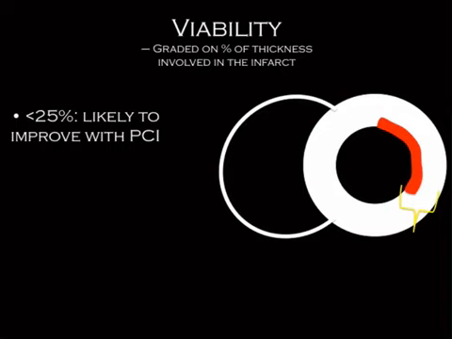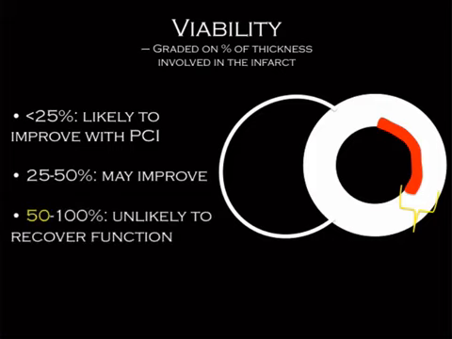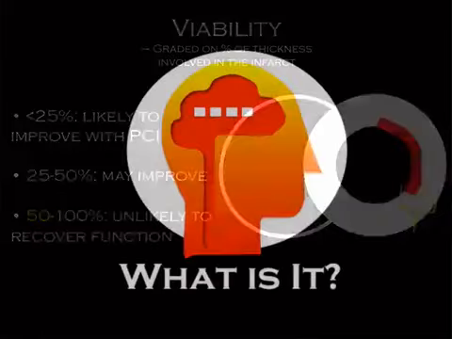So less than 25% does well with intervention. 25 to 50% might do well, and more than 50% is considered not viable. Now, the number to remember is 50. So under 50 good, over 50 bad. If you remember anything, remember that with regard to viability.